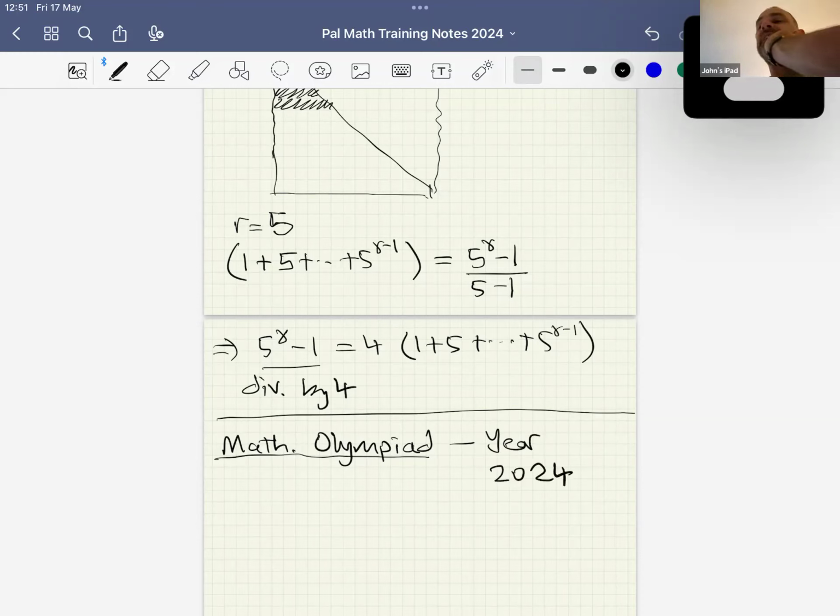Does anyone know the prime factorization of 2024? Is it 2 to the 11?